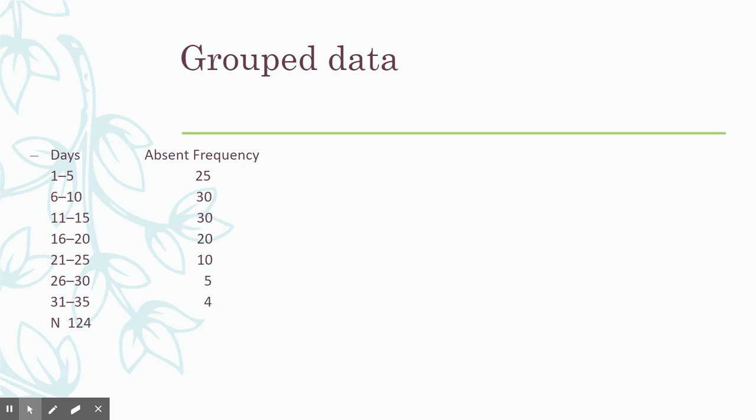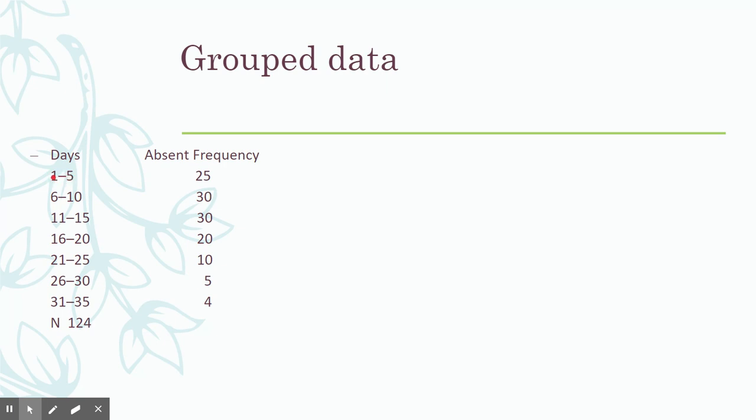And so in cases like this, because we know that 25 students said they missed class between 1 to 5 days, we don't know how many students said 1 day, 2 days, 3 days, 4 days, 5 days. We know they all came up to 25. So to get the total, what these 25 values would add up to, what we do is we take the midpoint of these classes.